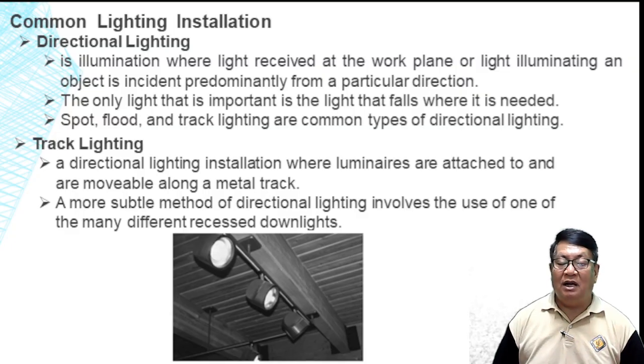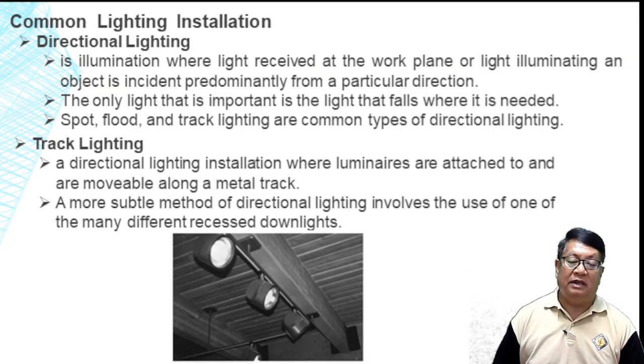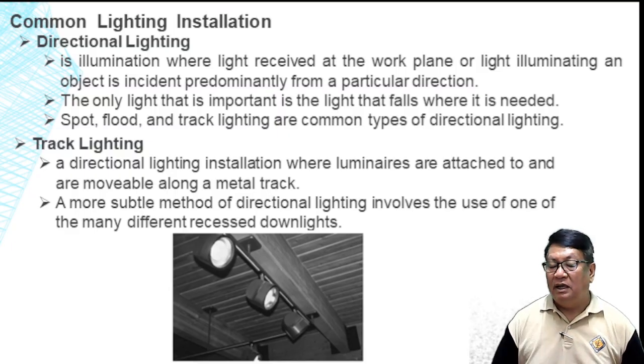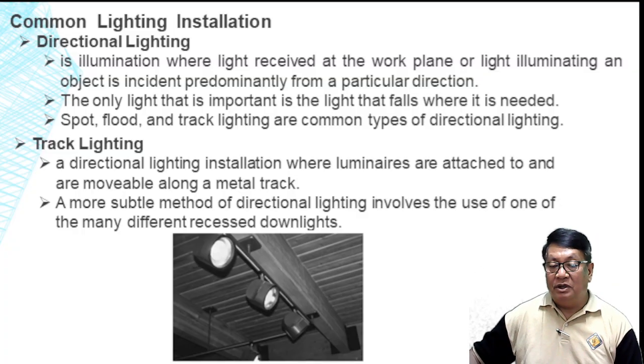This is a directional lighting installation where the luminaires are attached to and movable along the metal track. So it will follow any person that is seen by this kind of luminaires, no? A more subtle method of directional lighting involves the use of one of the many differential recessed type downlights.